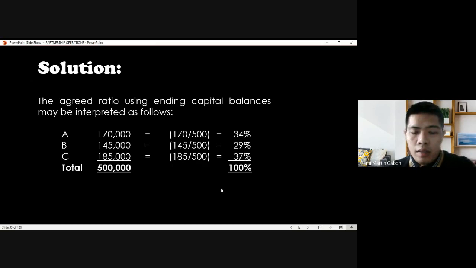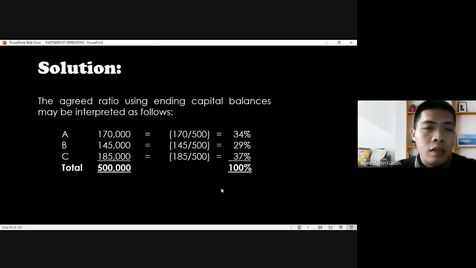Let us check: 170 plus 145 plus 185, yes, that is 500,000. So make a fraction out of those: 170 over 500, 145 over 500, and 185 over 500.